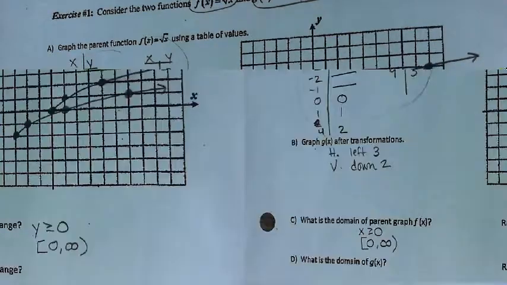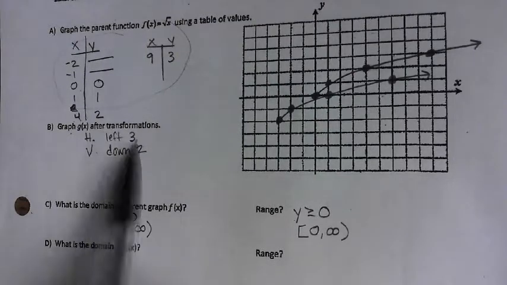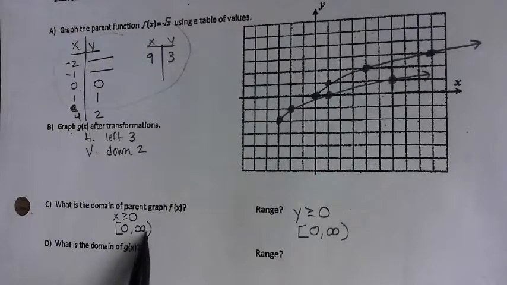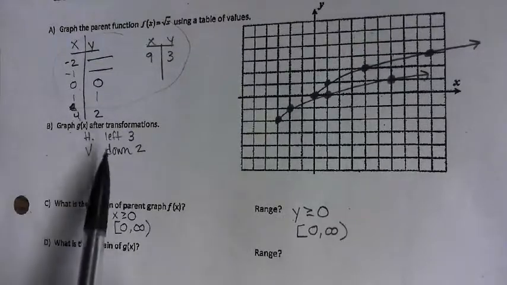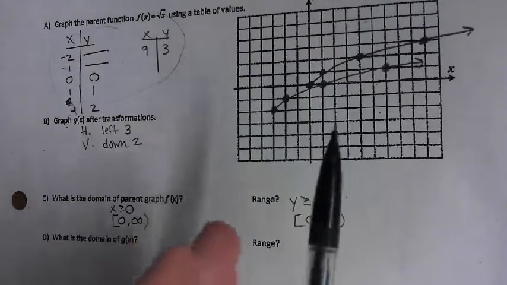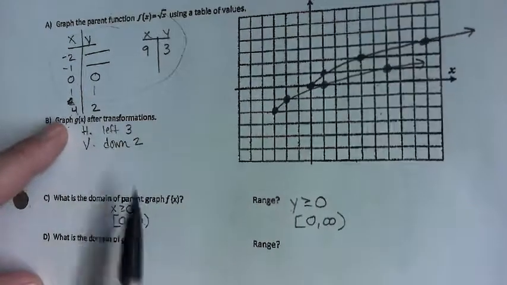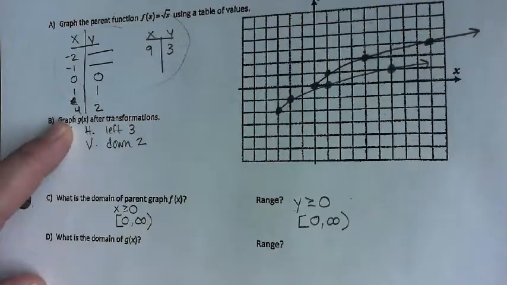Now, your new function was g of x, and its new domain came after some shifts. So anything happening horizontally is going to affect your domain. That's your x-coordinate. Anything happening vertically is going to affect your range. So as far as your domain is concerned, we have two kind of vantage points here. We could just look at the graph to see the new domain, or we could just think about the old domain shifted left 3, right?